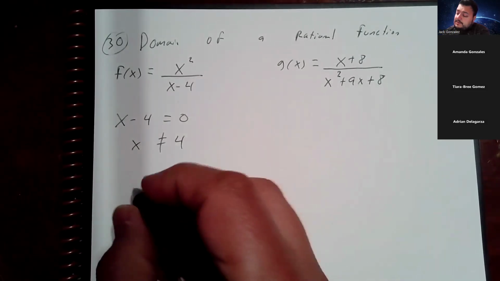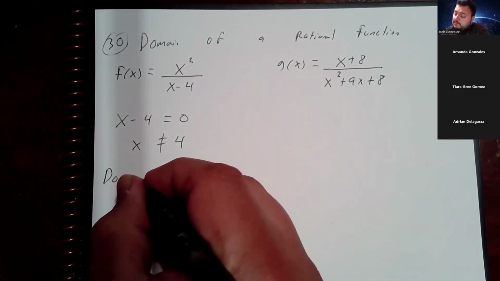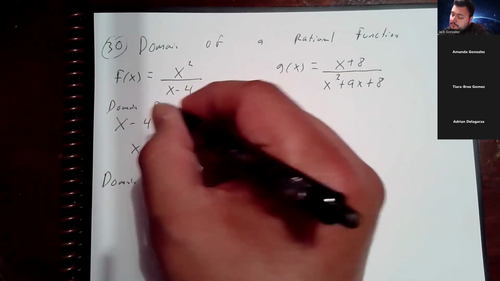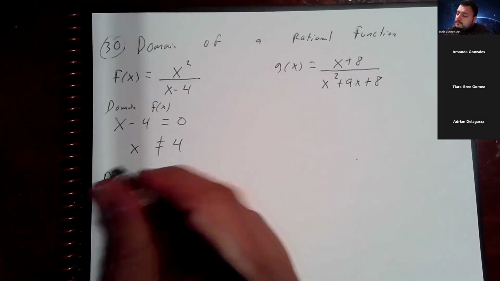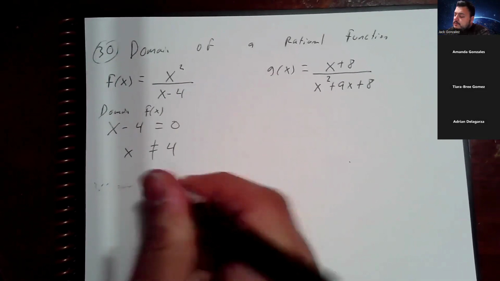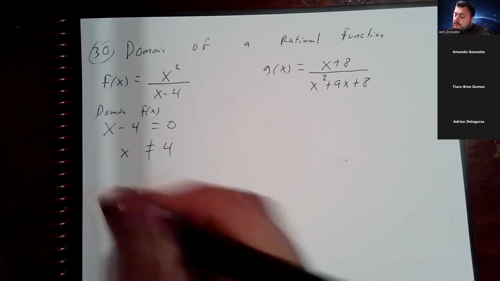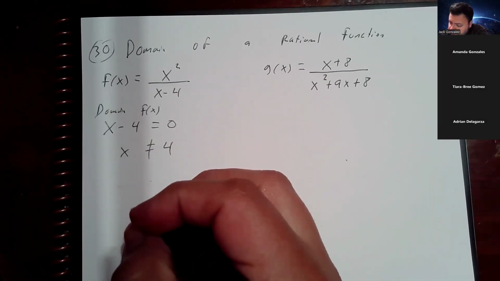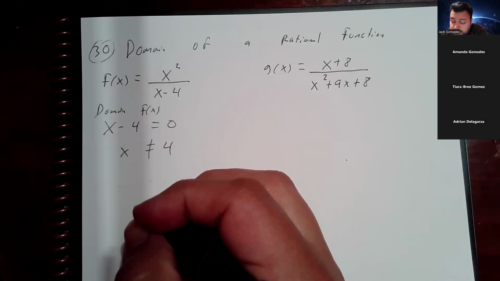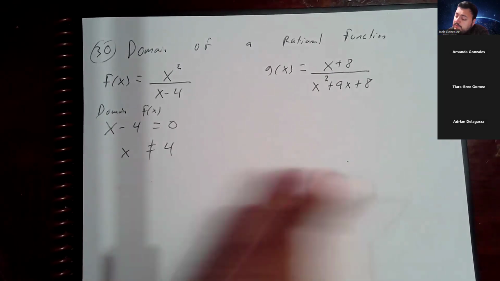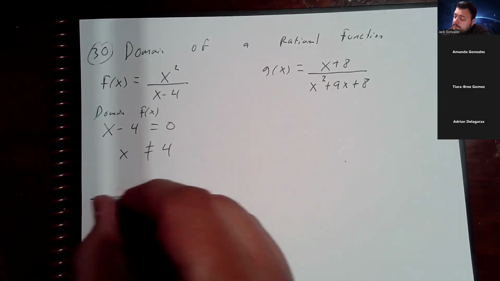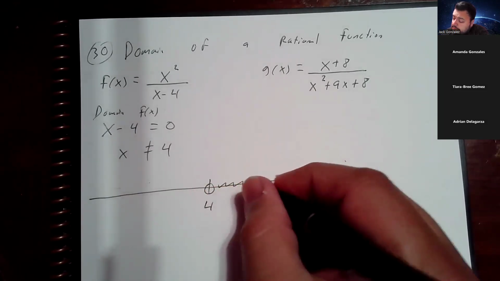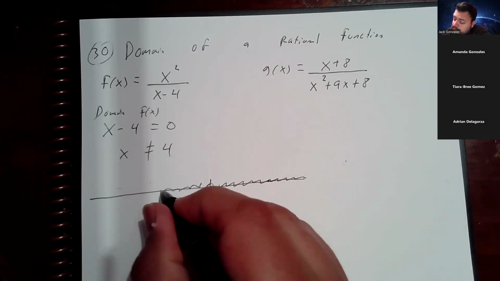So that means that for f, the domain is everything except 4. 4 has a hole. So everything after is fine. Everything before is fine.